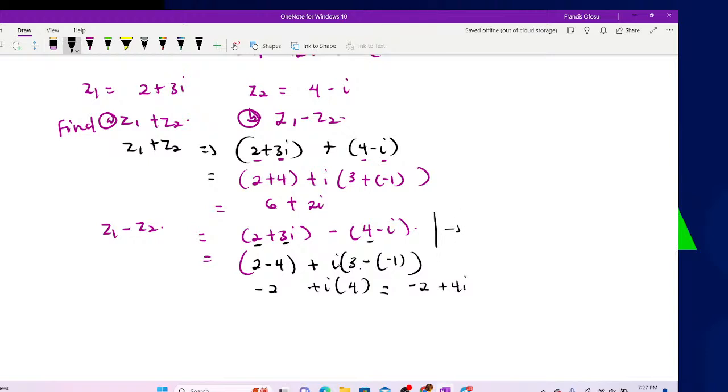And this is how we go about the subtraction. Anyways, somebody will prefer to also expand this bracket because addition and subtraction are almost the same, just the sign that changes. So at this point, the person can straight away write 2 plus 3i minus 4, that is this, then minus will give us plus I. So 2 minus 4 is negative 2, 3 plus I is what? 4i.